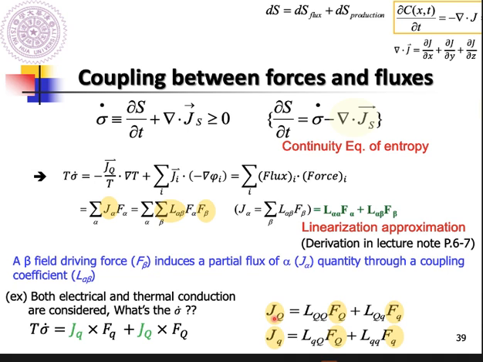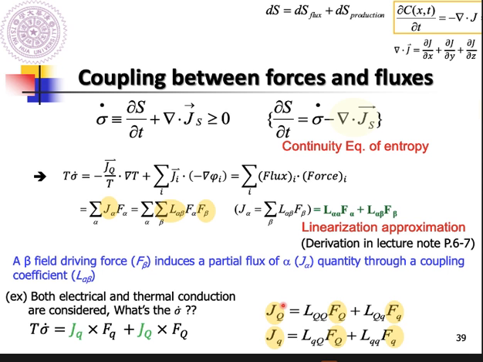In the same concept, the heat flow J capital Q is not only affected by the temperature gradient you apply on the system. If you apply the electrical field, it will also contribute and affect the amount of heat flux going through the system, your materials.